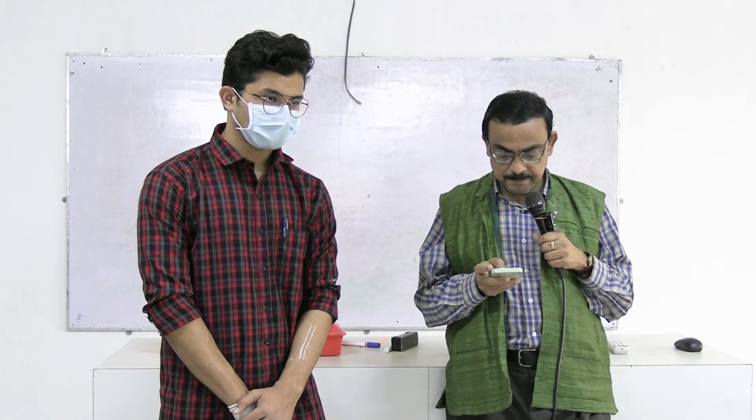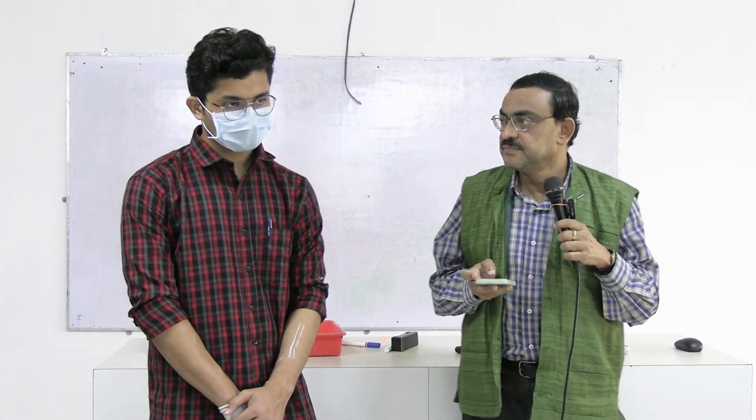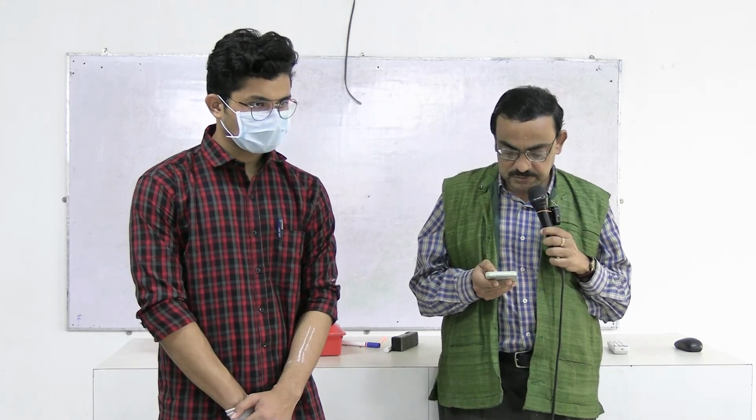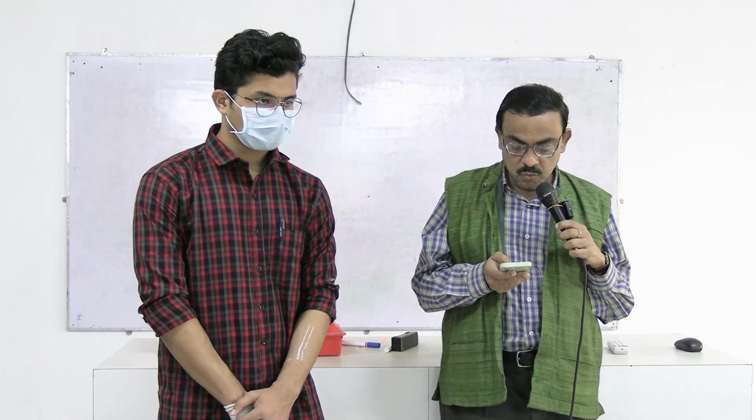Then number 7, radius has a styloid process. So styloid process of radius, now styloid process of ulna. Next, hook of the hamate.